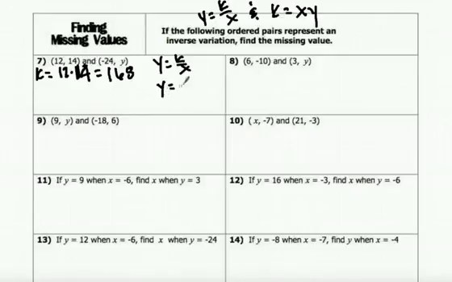I don't know what y is, but I do know that k is 168 and that x is negative 24. So when I do 168 over negative 24, I get that my y would be equal to negative 7.